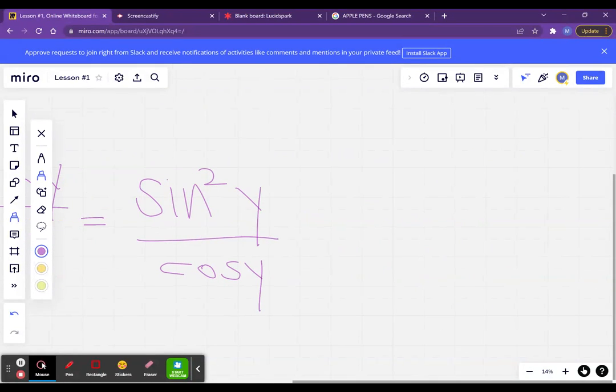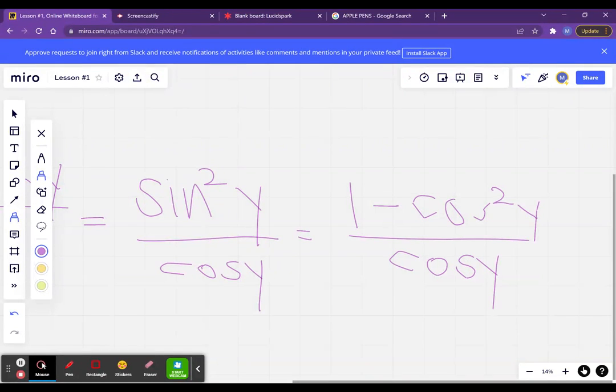Next, we can change this to 1 minus cosine squared y over cosine y. The reason we know that sine squared y is equal to 1 minus cosine squared y is because of best friends. In other words, we can look at this trig identity, sine squared y, or x, doesn't really matter, plus cosine squared y equals 1.